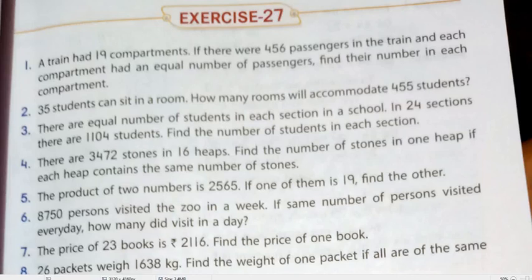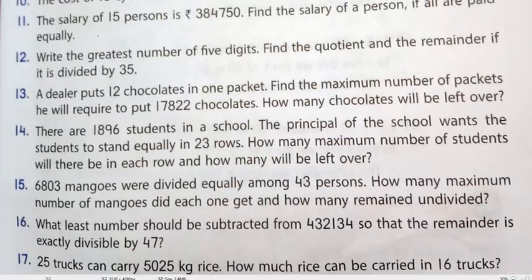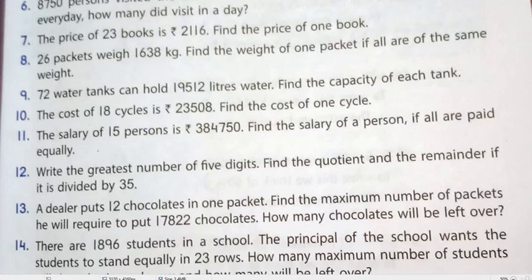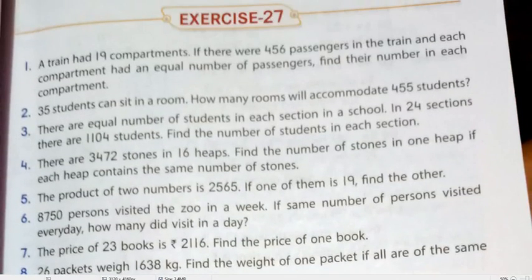Okay students, so this is the page. You can see I have shown you exercise 27, and in this exercise there are a total of 17 questions. Today I will explain question number 1 to question number 8. From question number 1 to 8 you will do in your copy, and 9 to 17 we will do tomorrow, right?